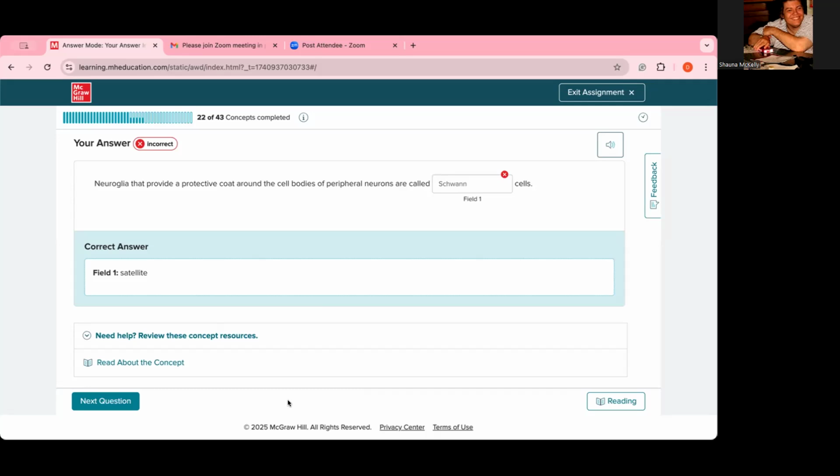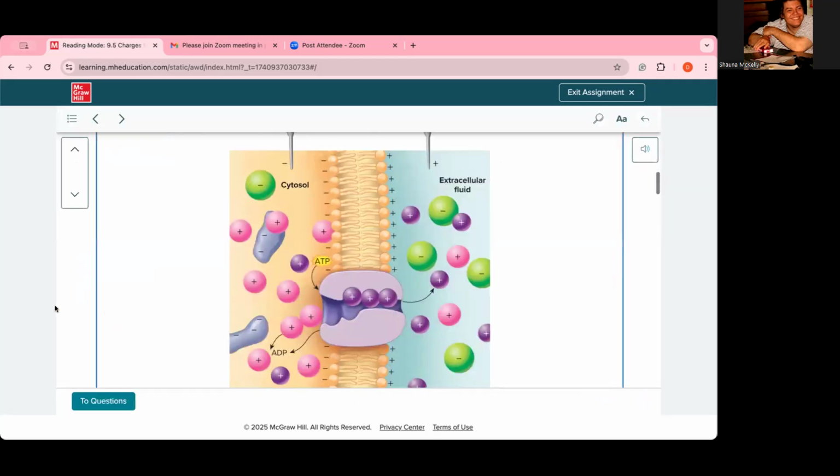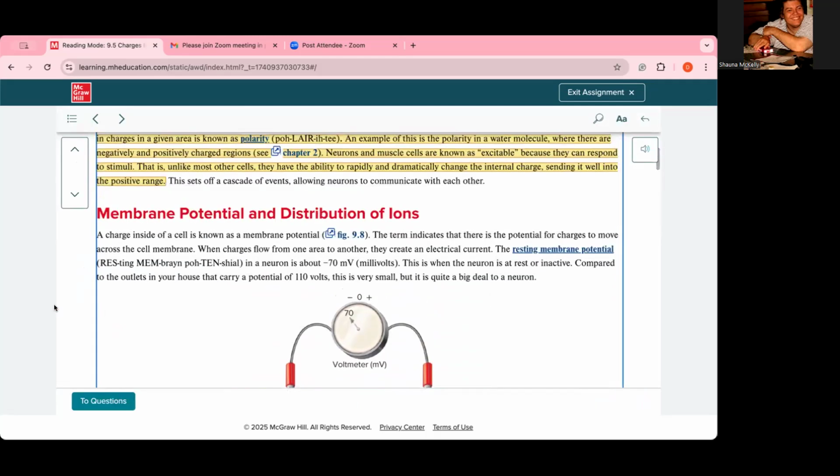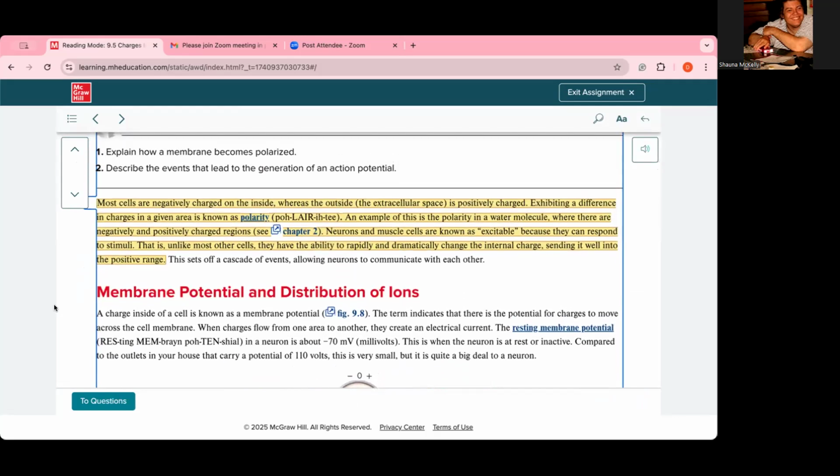There's nothing on the screen except the question. A neuronal membrane is said to be polarized when the inside of the membrane is negative. I don't think so, but let's read about it. Polarization.